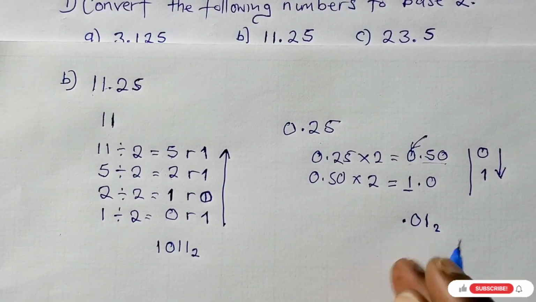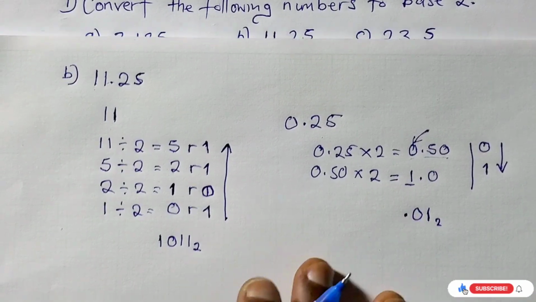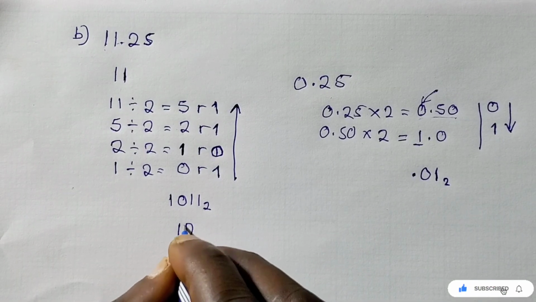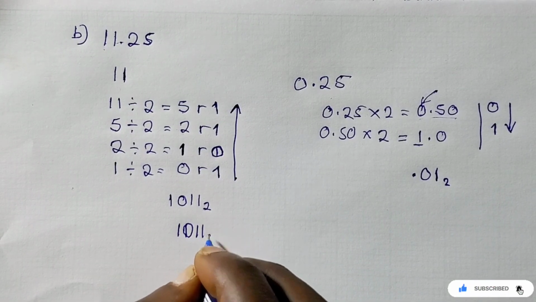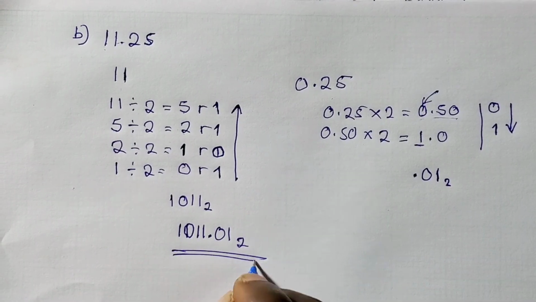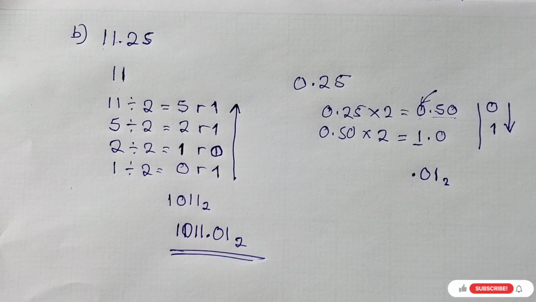All right, so just a matter of combining the two. The final answer will be 1011.01 base 2. Okay, I hope now you are following. All right, let's now calculate the last question.